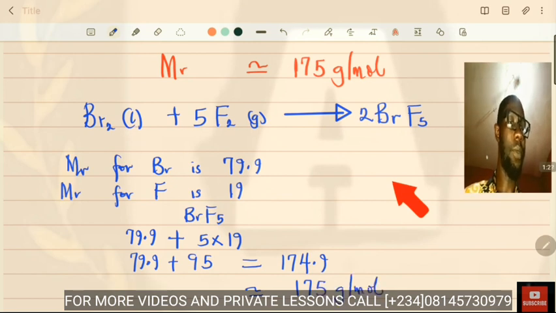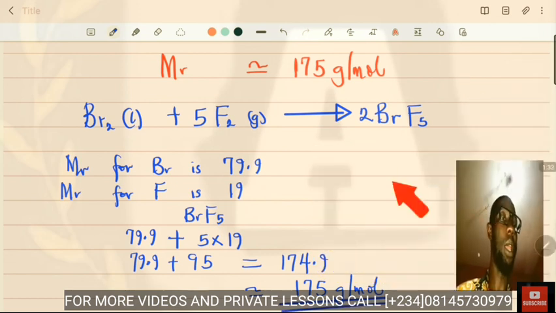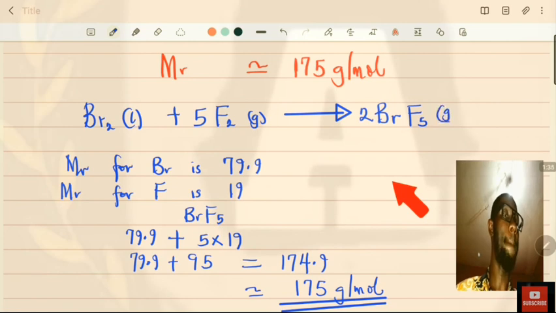So definitely the vapor which is being formed is bromine pentafluoride. Thank you.